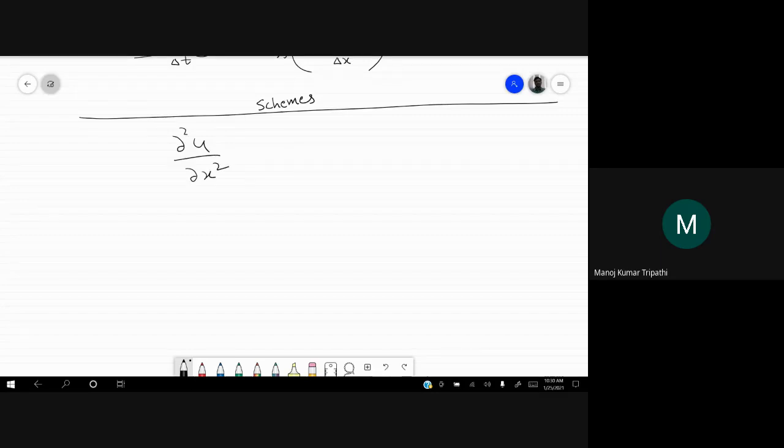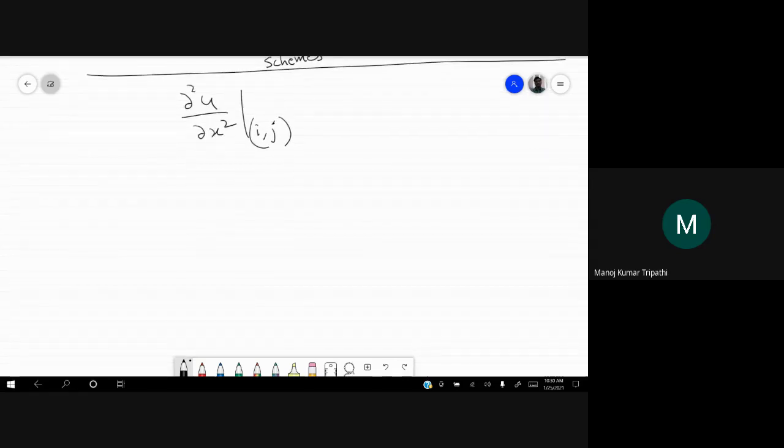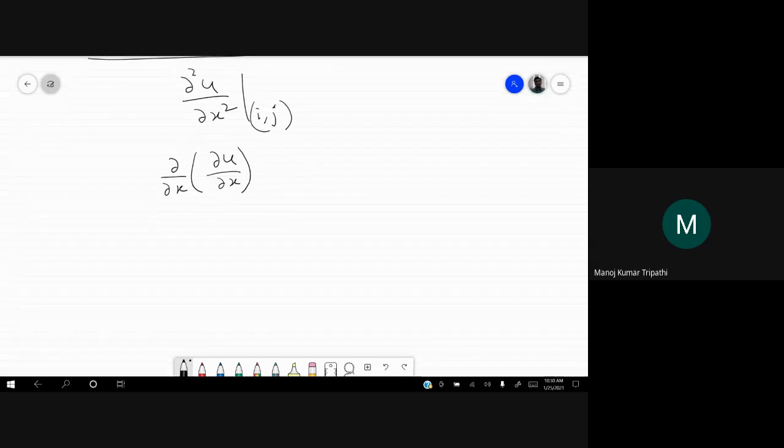So let us take this term at i,j. Now this term you can write as dou by dou x of dou u by dou x. Now you know what is dou by dou x of something.